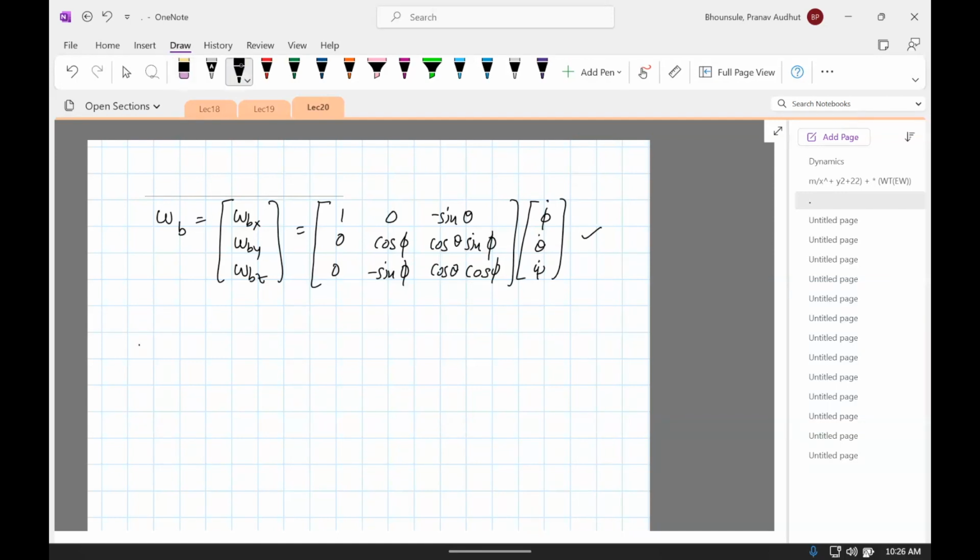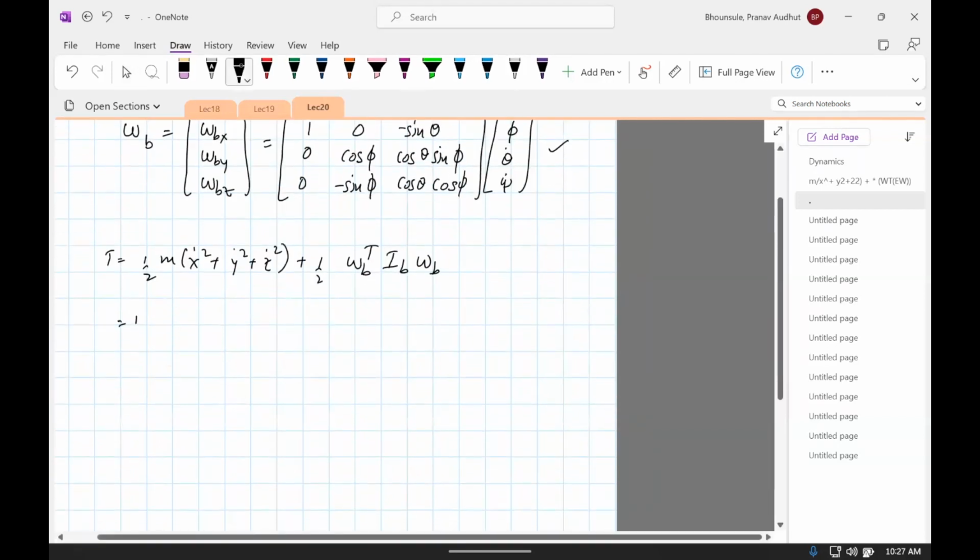So now we can write T as half m times x dot square plus y dot square plus z dot square, plus half omega b transpose I b omega b.